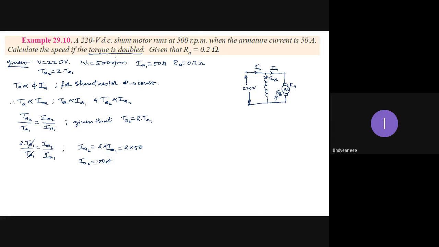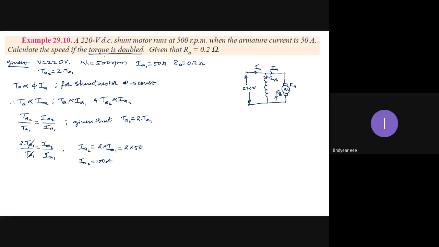Now I need the speed. Speed comes in two equations: the torque equation and the back EMF equation. So TA equals 9.55 EB IA divided by N, or EB equals phi Z N P divided by A by 60.